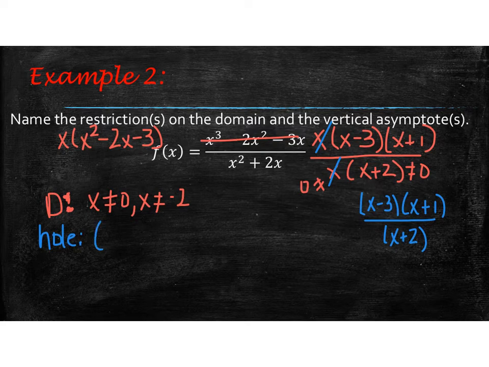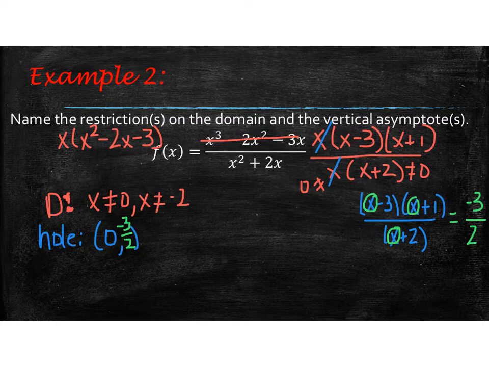We know the x value is going to be 0. Okay, but then I want to go ahead and plug in 0 everywhere you see an x. So a 0 will go here, here, and here. So that's going to be -3 times 1, which is -3 over 2. So my hole is going to be at 0, -3 halves.